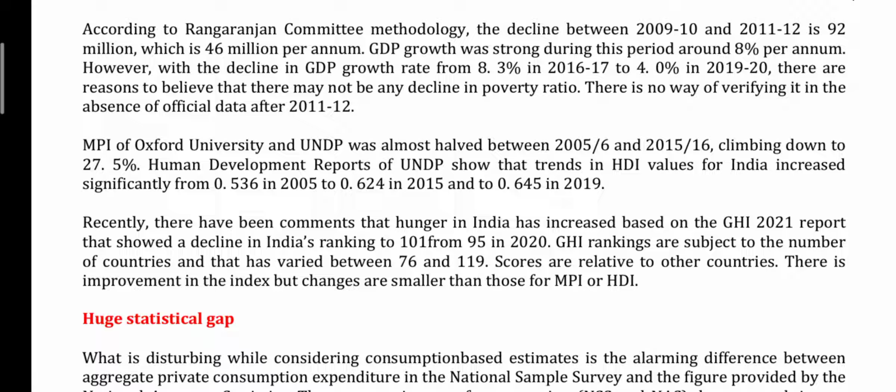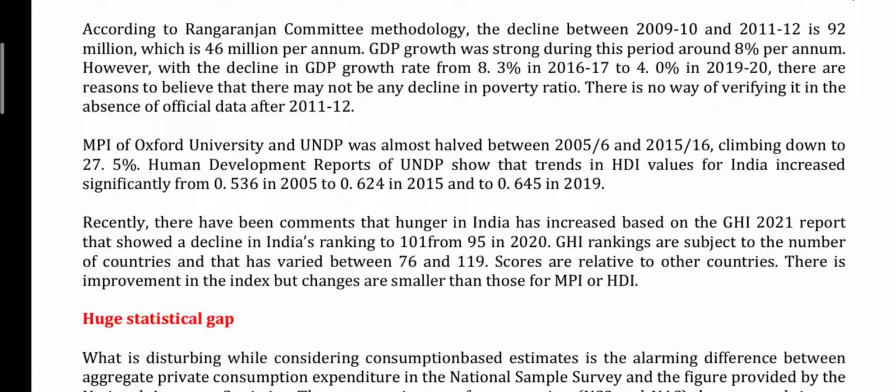The MPI of Oxford University and UNDP was almost halved between 2005-6 and 2015-16, climbing down to 27.5%. Human development reports of UNDP show that trends in the HDI value for India increased significantly from 0.536 in 2005 to 0.624 in 2015 and to 0.645 in 2019.